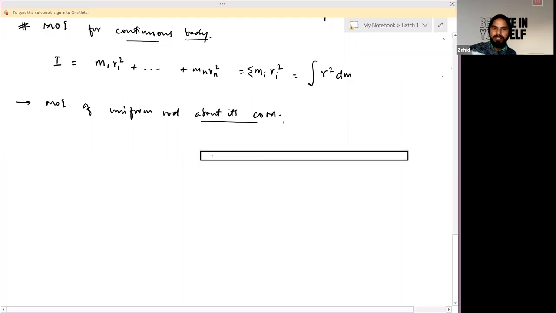Suppose this is any rod having mass m and length l, which is placed along the x-axis, and the axis of rotation is about the center of mass, perpendicular to it.